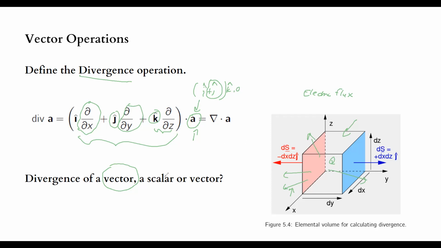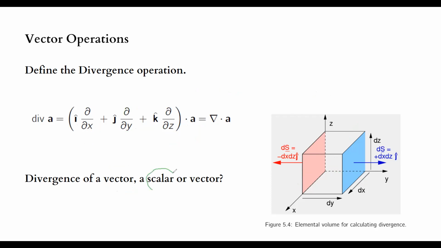Therefore, the output of the divergence will be a scalar value, and that is something we can remember.